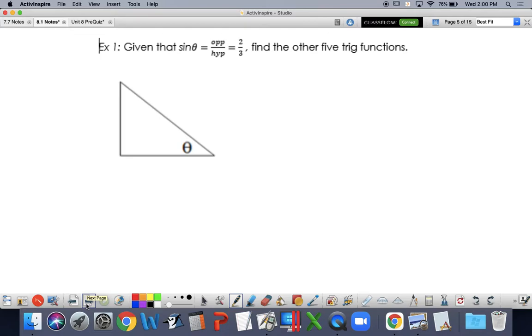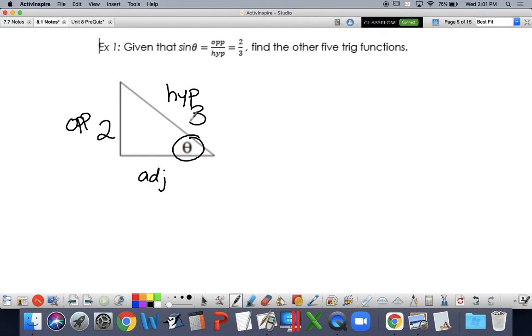If I'm given a sine of theta, so here's my theta, my reference angle, I'll label my opposite, my adjacent, my hypotenuse. So if I know this sine of theta is 2 over 3, now I just need to figure out what all of the other trig ratios are. In order to do that, I need to figure out what my adjacent value is.